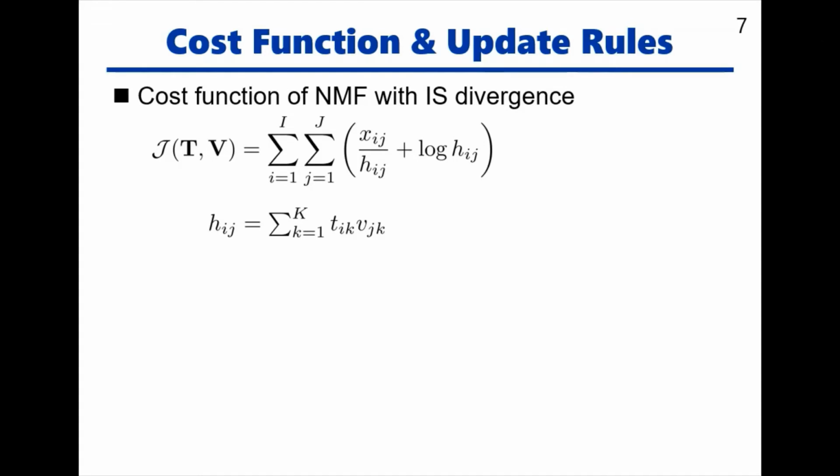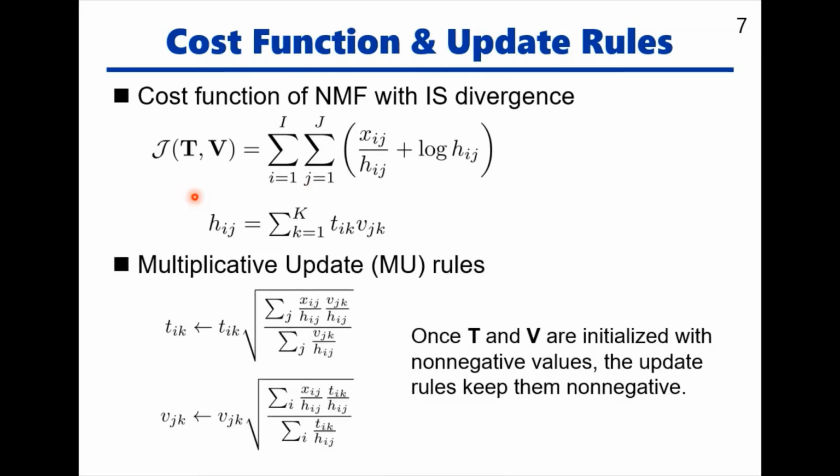By eliminating some constant terms from the divergence, we can define the cost function of NMF with the IS divergence. And to minimize this cost function, multiplicative update (MU) rules are known as shown here.